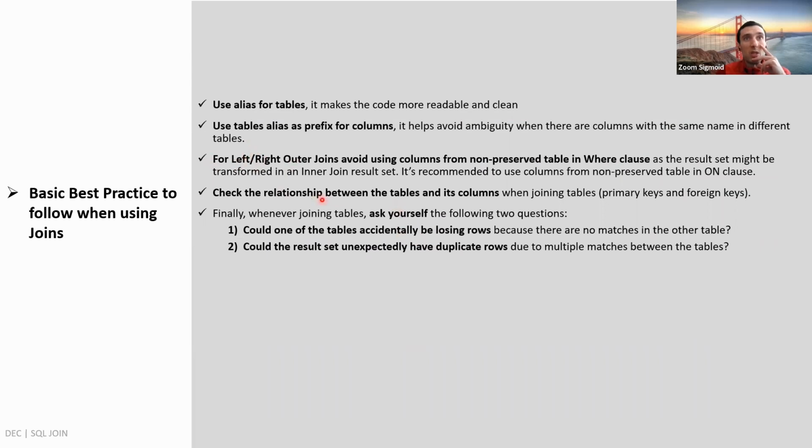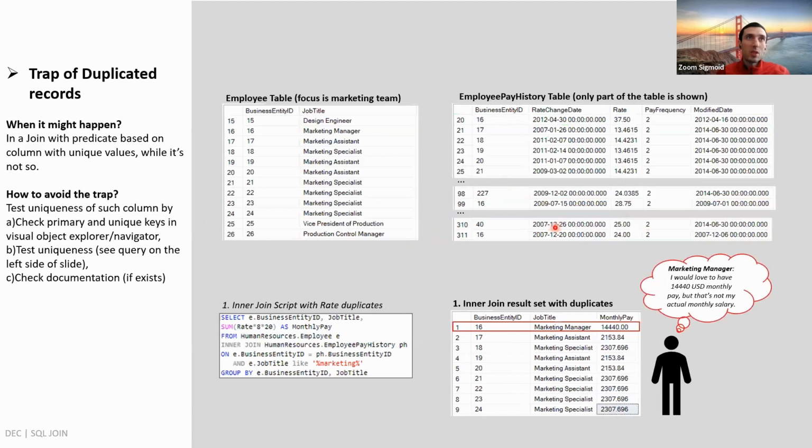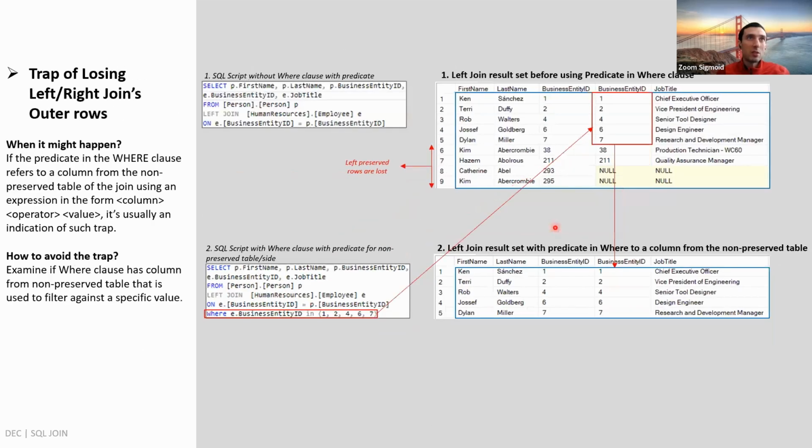Another best practice which I would recommend is to avoid using columns from the non-preserved table in the WHERE clause. That's one of the traps I've mentioned at the first. So avoid using the tables and the columns from the table which is not preserved.